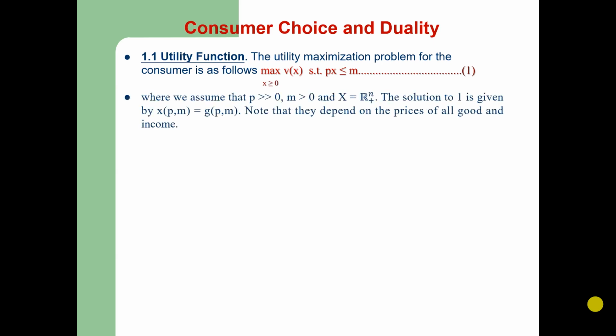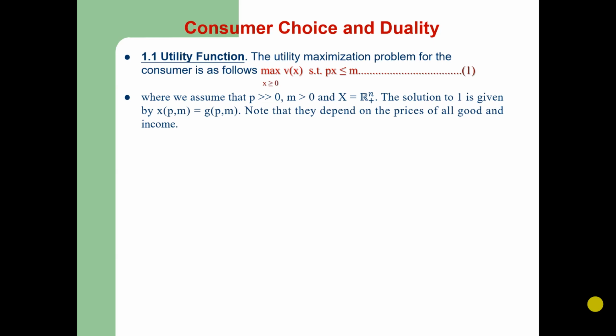Now we assume that P, that is prices, or the vector of prices, is strictly positive. Prices are greater than 0, prices never 0 or never less than 0. Similarly, the consumer has a fixed money income and that is also positive, and the consumption set is in positive n-dimensional Euclidean space.